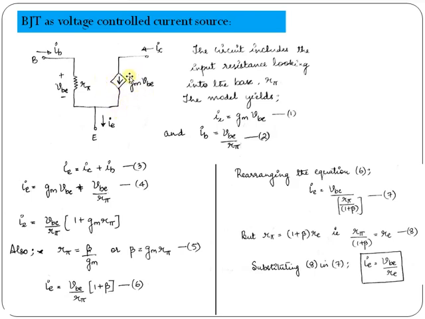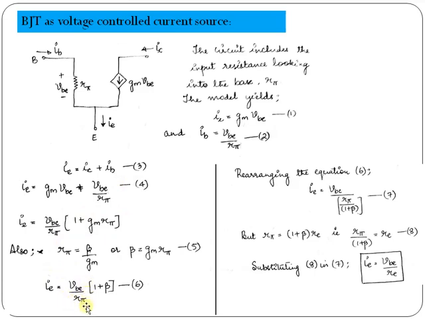This circuit includes the input resistance looking into the base, represented as R pi, and the model will yield IC equal to GM into VBE and IB equal to VBE divided by R pi. We know that the emitter current is the sum of collector current and base current. Substituting these two equations, we get IE equal to VBE by R pi into 1 plus beta.